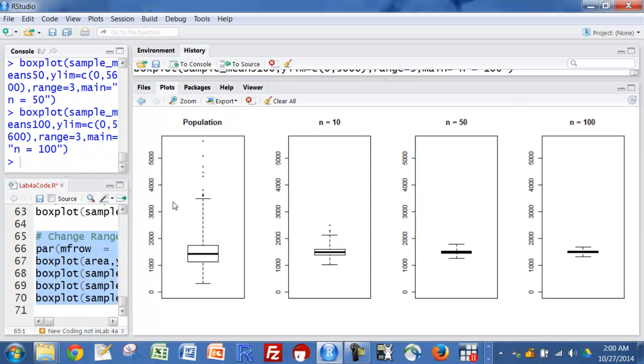And you can see now with 3 IQRs, by the time you get to n equal 50 and n equal to 100, you don't have any outliers anymore, and you can see no skew or anything like that, close enough to a normal distribution. So this is what I mean by n sufficiently large: the sampling distribution, not the sample, not the population, but the distribution of sample means will be a bell curve.